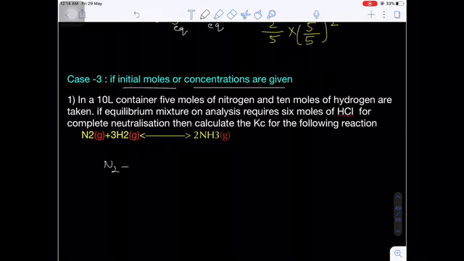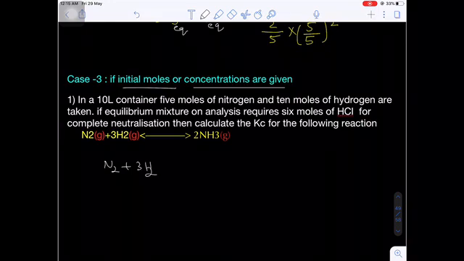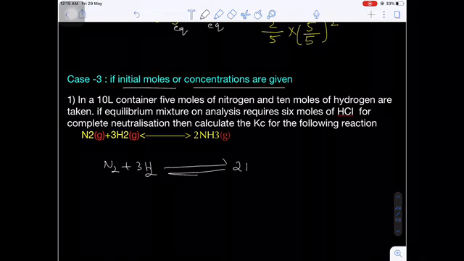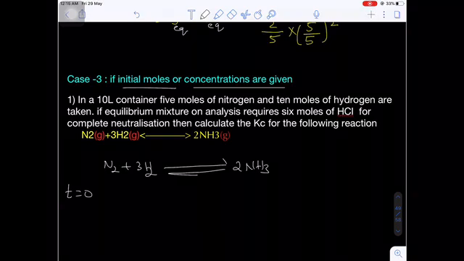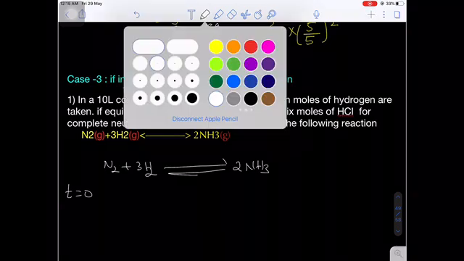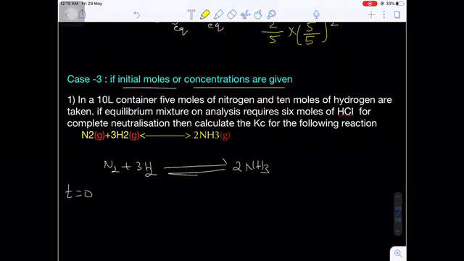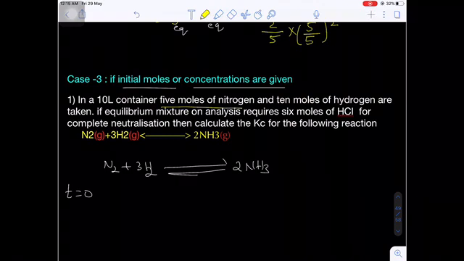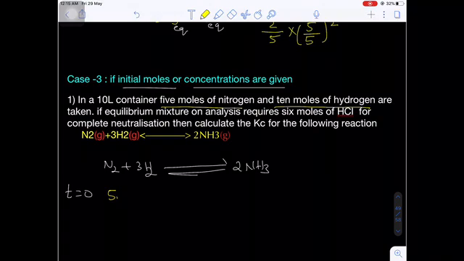Now we have nitrogen combining with hydrogen in equilibrium to form ammonia. This is the chemical reaction. Initially, how many moles of dinitrogen are there? In the question, 5 moles of nitrogen and 10 moles of hydrogen. So I am writing here 5 moles, here 10 moles.